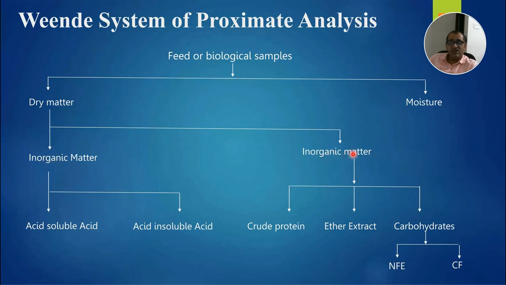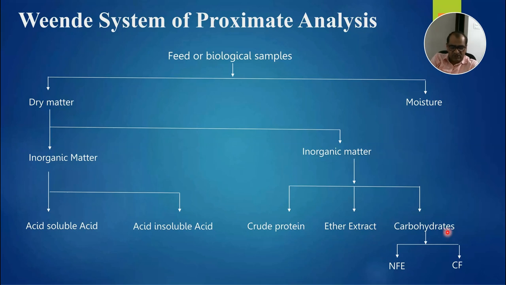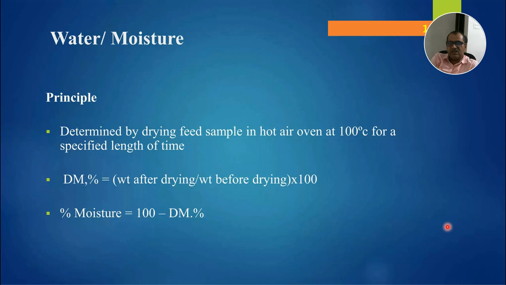The inorganic matter is subjected to acid insoluble and acid soluble ash. Then the organic matter is subjected once again to crude protein, ether extract, then carbohydrates, or NFEs, and CF. NFEs means nitrogen free extract. So these are all the components.